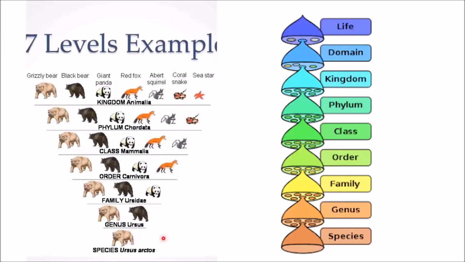Okay, so here's an example of the 7 levels of classification being used. Okay, so when you look at this picture here, you have a few animals. You have a bear, you have 2 bears, you have a panda, which is also a bear, you have a fox, a squirrel, you have a sea star, and you have a snake. All of these animals are in the same kingdom called the animal kingdom, because like we said, they are animals.